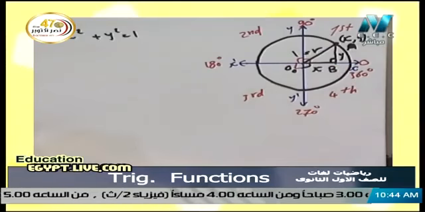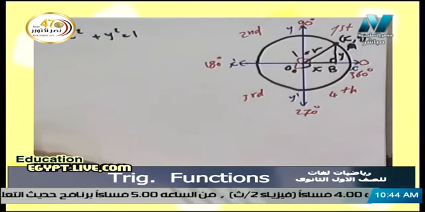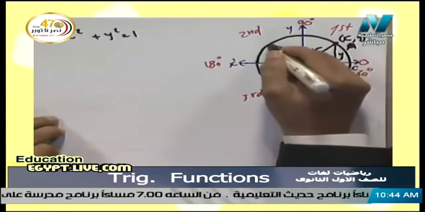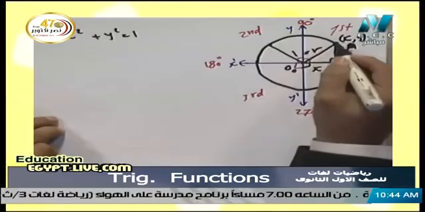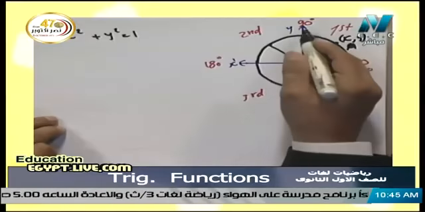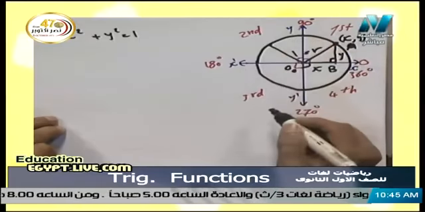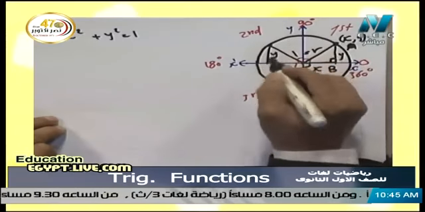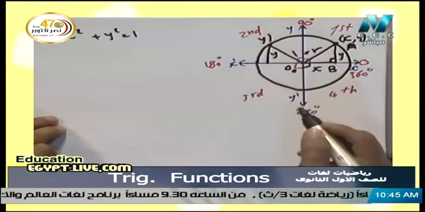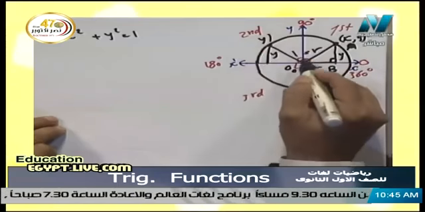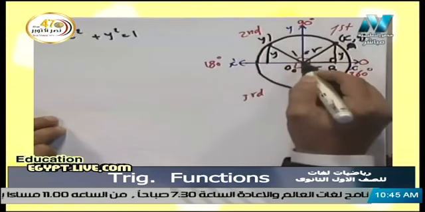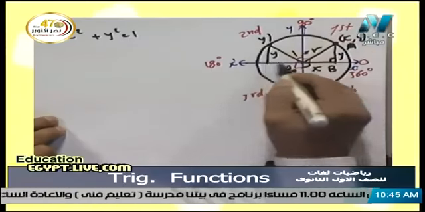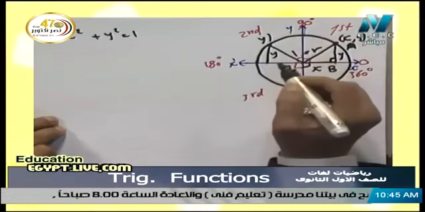We know that this is x, y here, and if we move to this point, which is the reflection of this point on the y-axis, here y is still positive, because the y-axis starts from 0 and goes up, so it's positive.